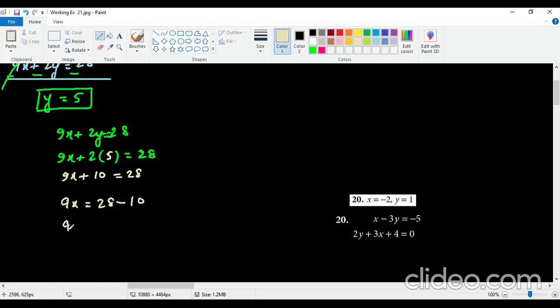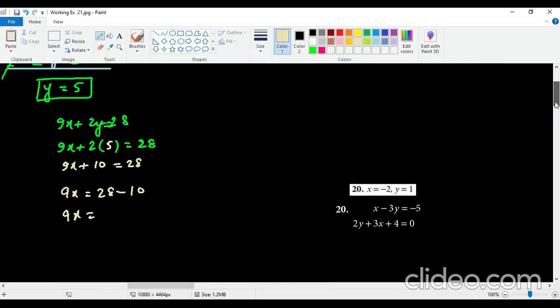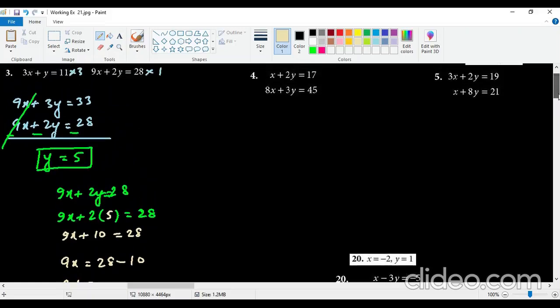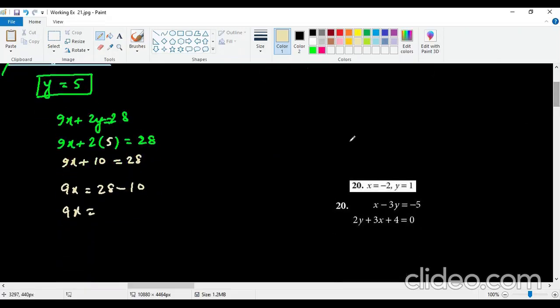So 28 minus 10 is going to give us 18, and x is equal to 18 over 9, which is giving us 2.